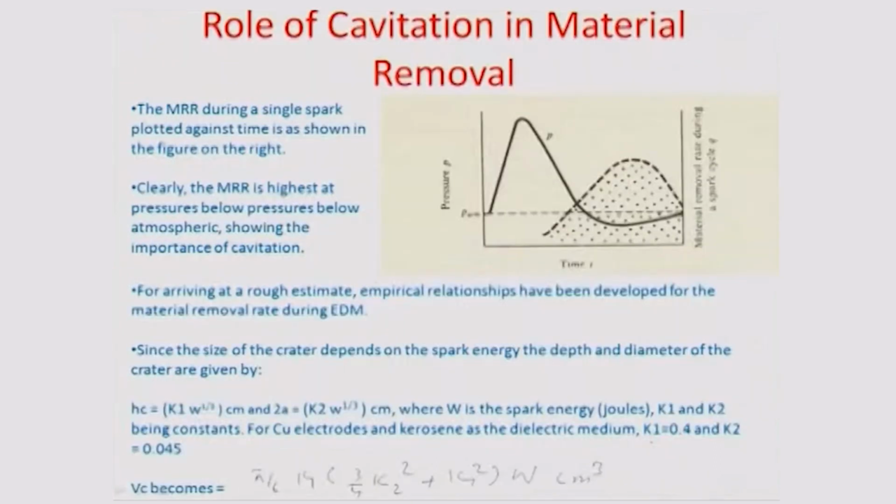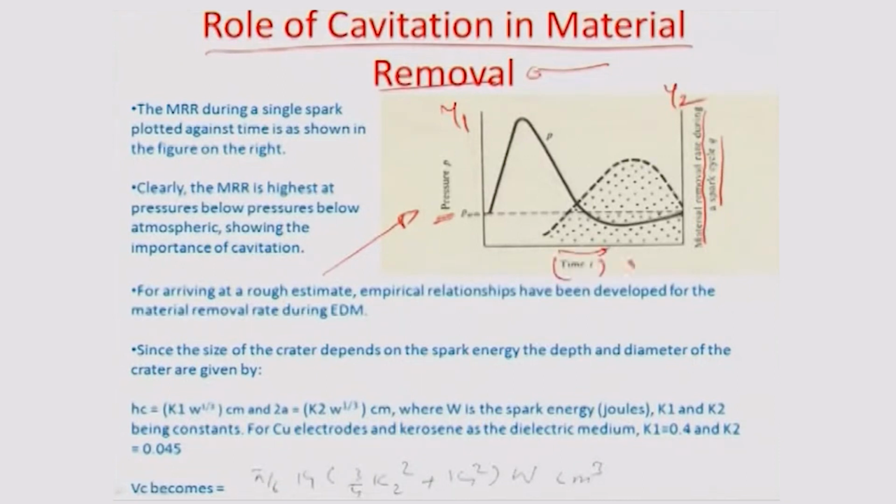So, let us look at the role of cavitation in material removal in the ECM process. Refer to this particular figure here. It shows the pressure of the zone of the spark, which is plotted on the y1 axis, and the material removal rate during a spark cycle Q, which is plotted on the y2 axis, with the time scale on the x axis.